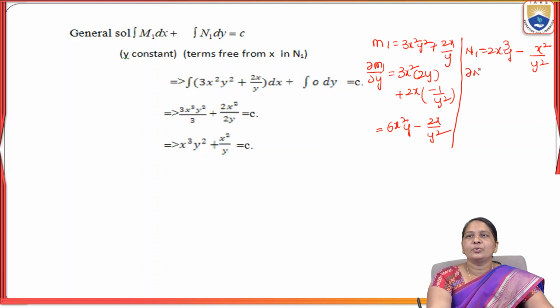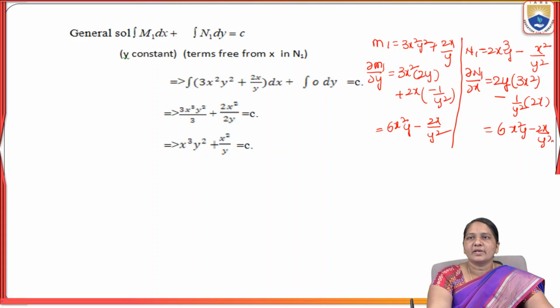And here dou n1 by dou x. With respect to x, 2y is constant, the x cube derivative is 3x square, minus 1 by y square is constant, and the derivative of x square is 2x. So finally this value is 2 threes are 6, x square y minus 2x by y square.